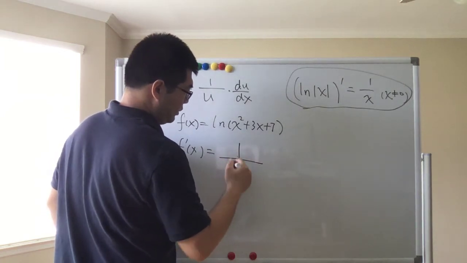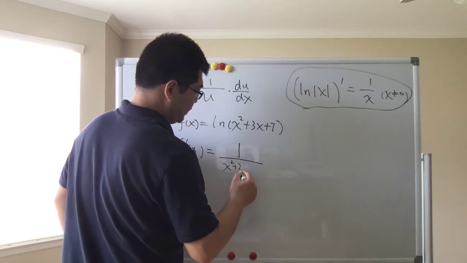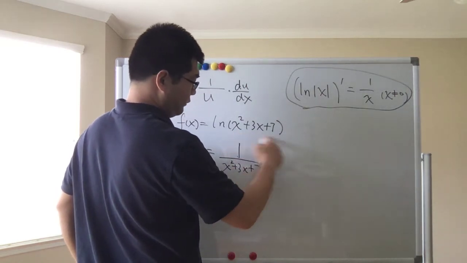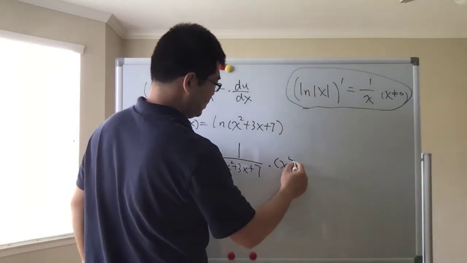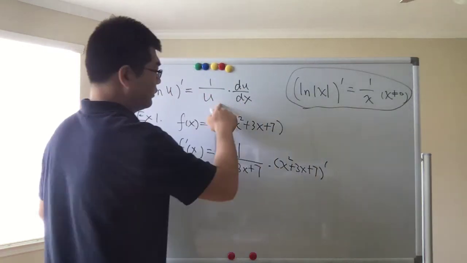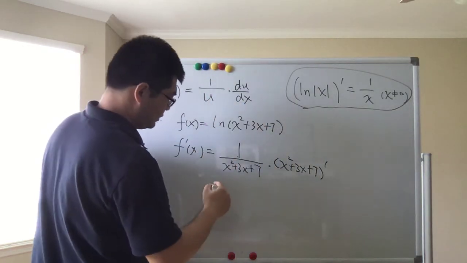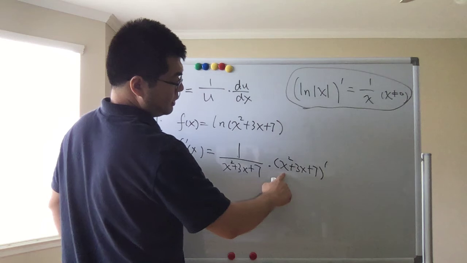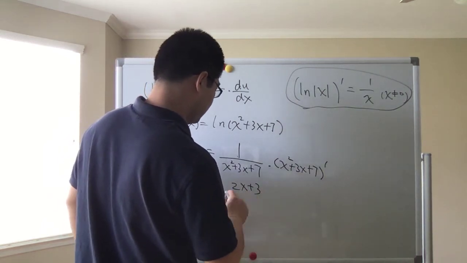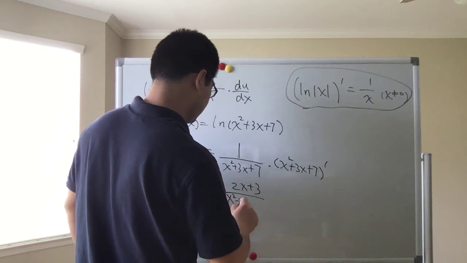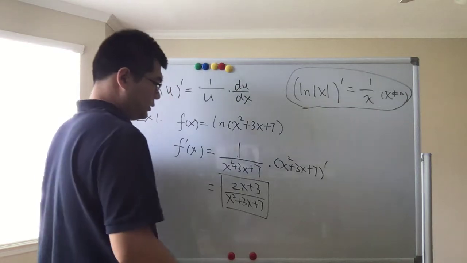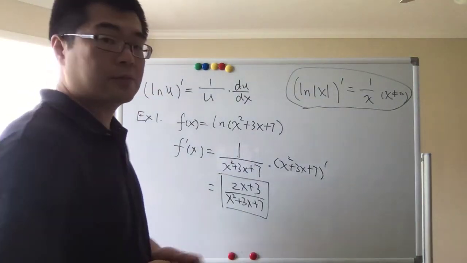So it's 1 over x squared plus 3x plus 7, okay? And then times the derivative of the inside, x squared plus 3x plus 7, so 1 over u times du dx. This part is 2x plus 3, so it's 2x plus 3 over x squared plus 3x plus 7. Okay, so this is what we get. A very simple example here.